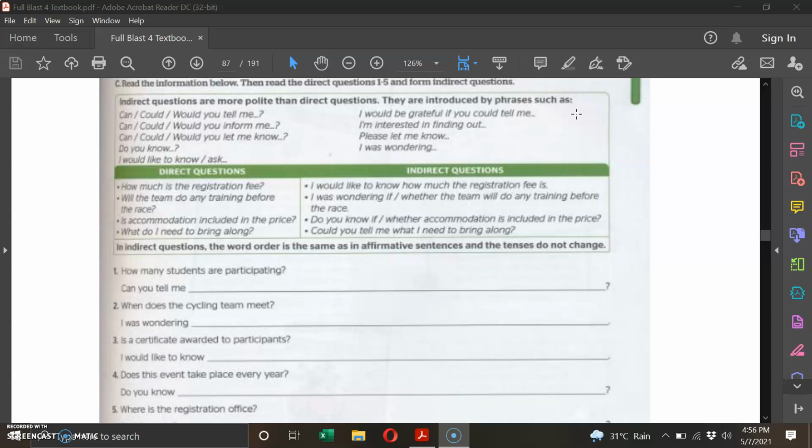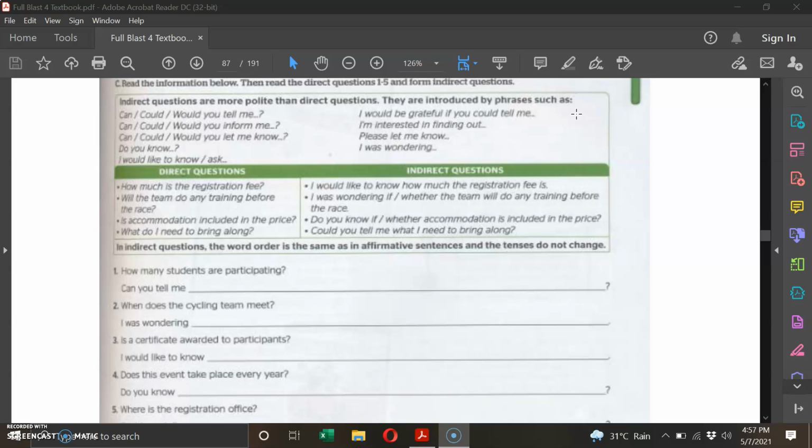That is a direct question. As for indirect question, I was wondering if or whether the team will do any training before the race. Number three, is accommodation included in the price? Indirect, do you know whether accommodation is included in the price?